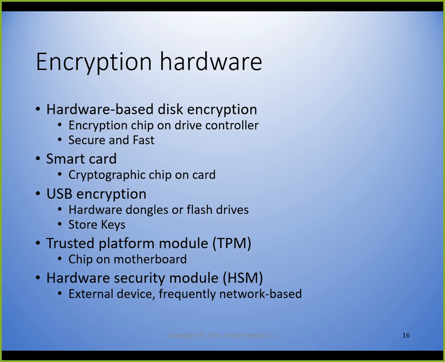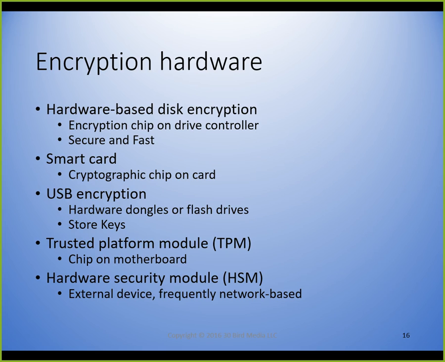A smart card has a cryptographic chip on the card. USB hardware dongles or flash drives are going to store the keys. The trusted platform module, the TPM, is a chip on the motherboard, and all of these things are able to generate the keys that we need for the encryption. And the hardware security module is an external device, frequently network-based.